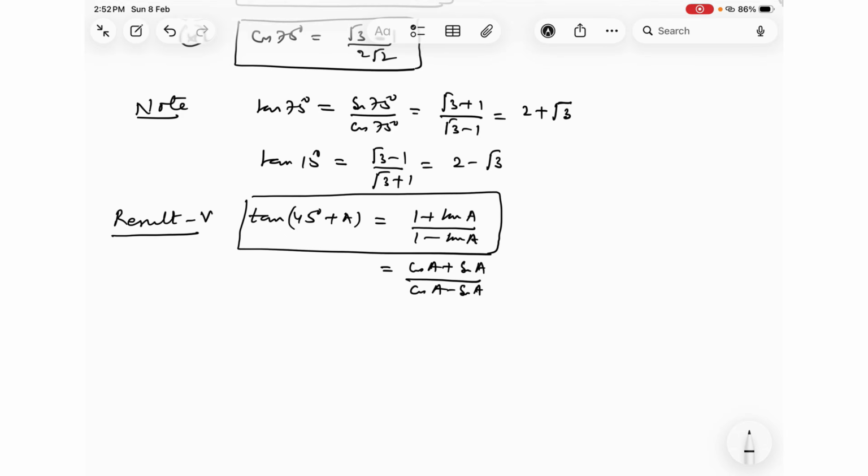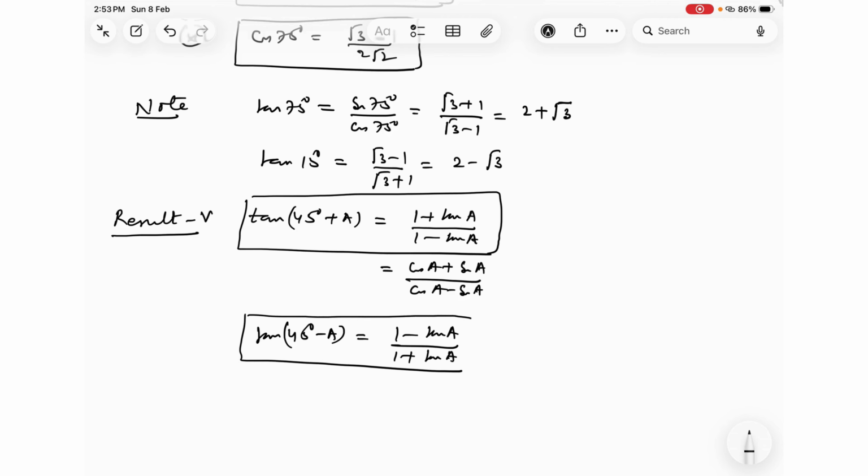Tan A plus tan B by 1 minus tan A tan B. Similarly, tan of 45 minus A. Now what is tan of 45 degrees minus A? It is 1 minus tan A by 1 plus tan A. It can also be written as cos A minus sin A by cos A plus sin A. Very useful in many problems of this chapter.